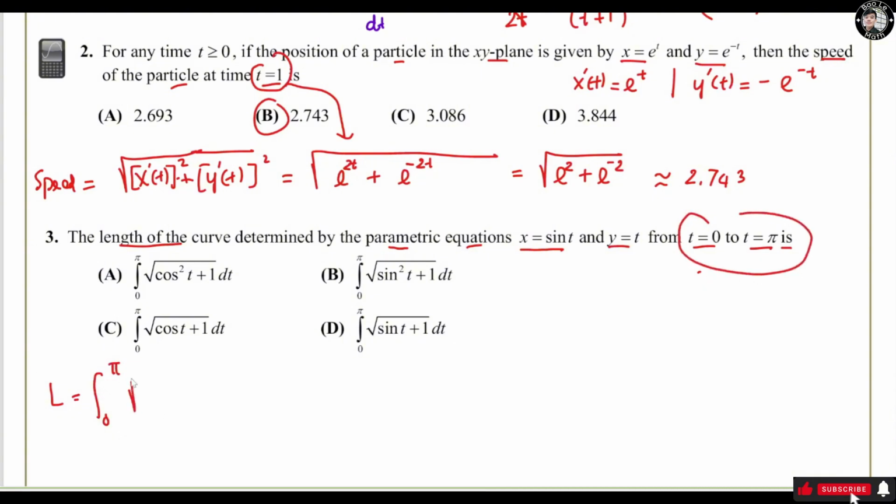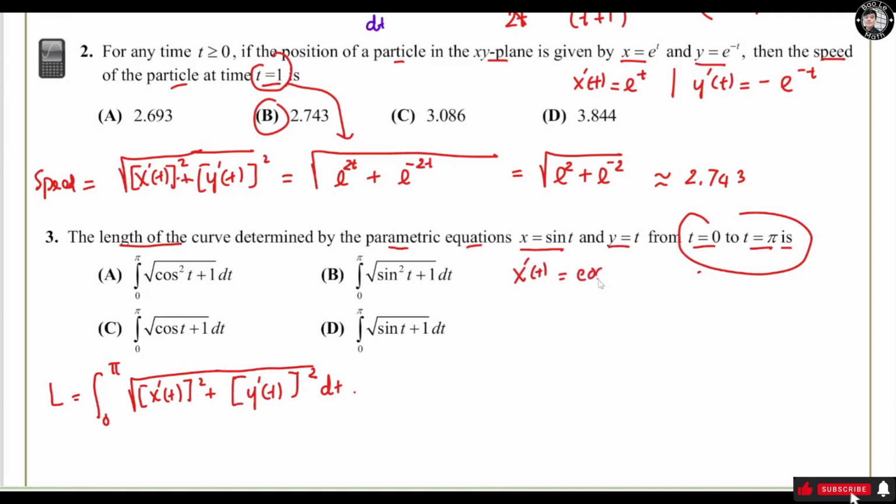Of square root of x prime of t squared plus y prime of t squared dt. Alright, so we need to find x prime of t first.